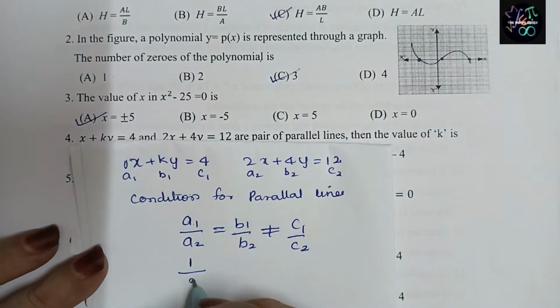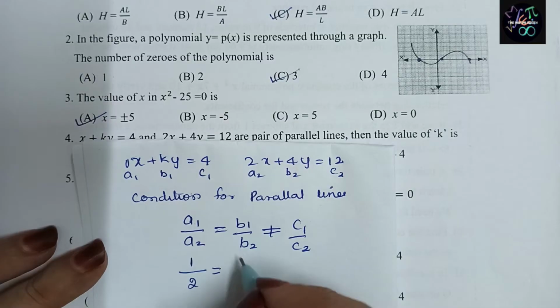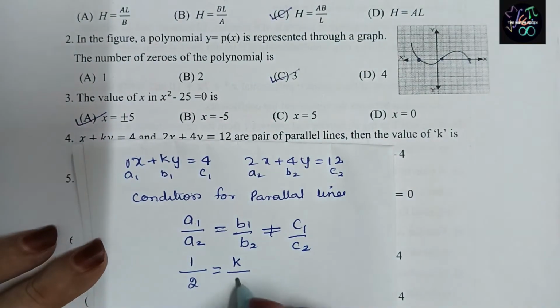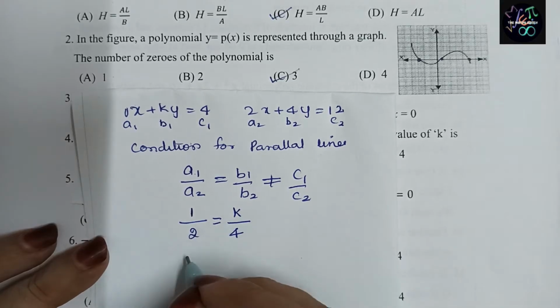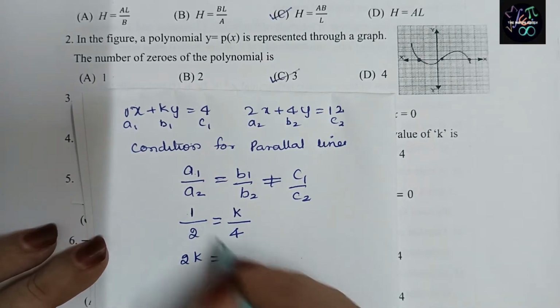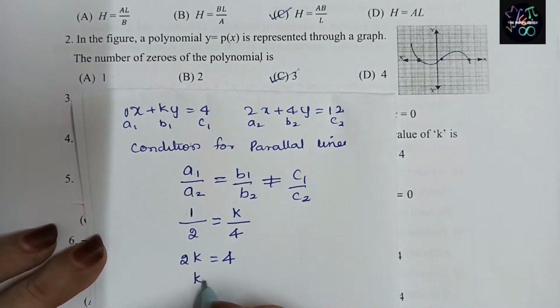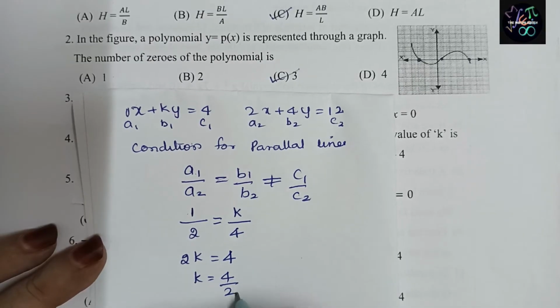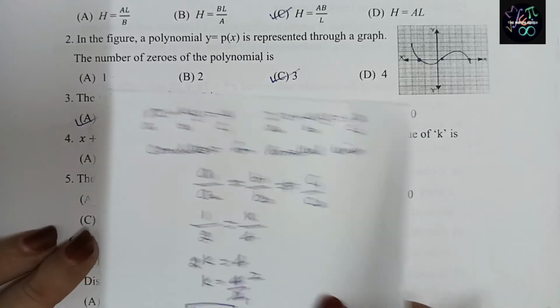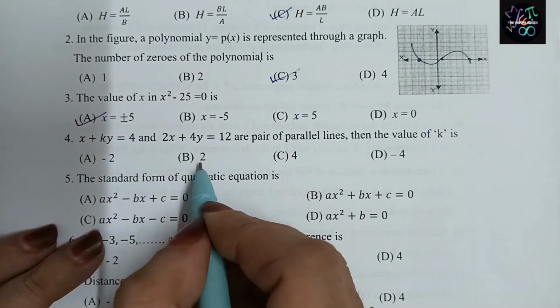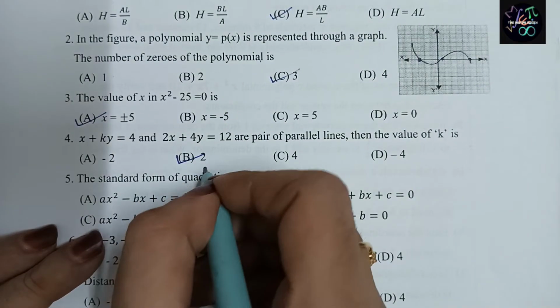A2 value 2 is equals to B1 value k and B2 value 4. Let us cross multiply. 2 into k, 2k, 4 ones are 4. So k is equals to 4 by 2. 2 twos are 4. K value we got is 2. Let us check in the multiple choice question now. Yes, the correct option is B, 2.